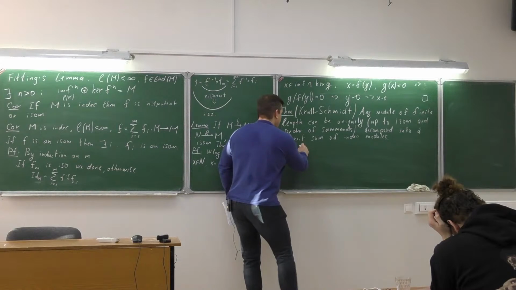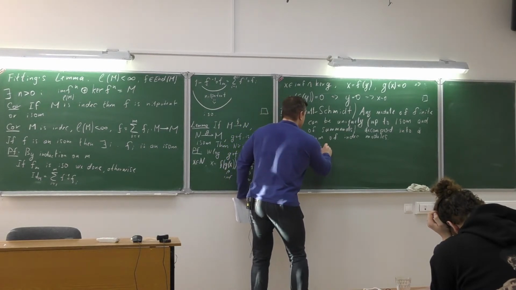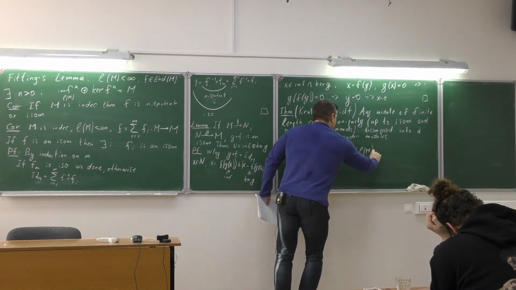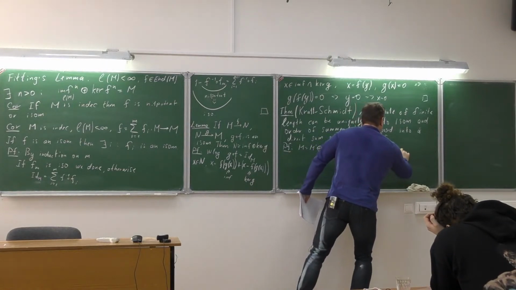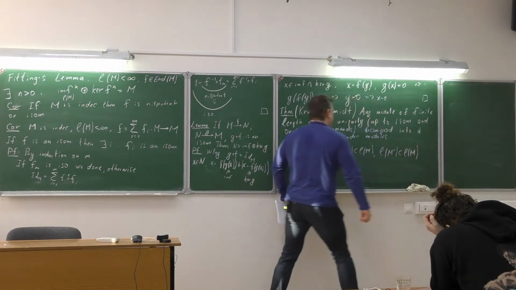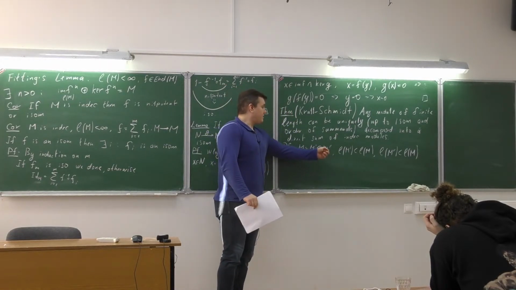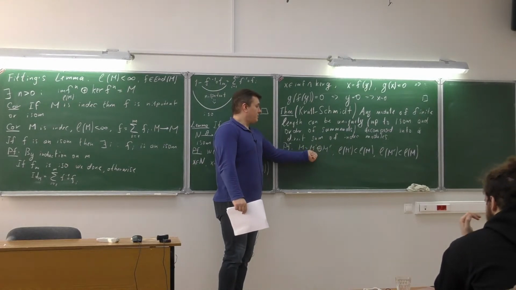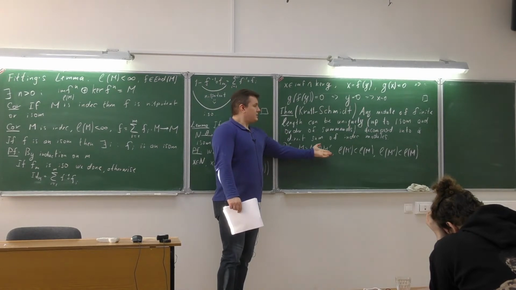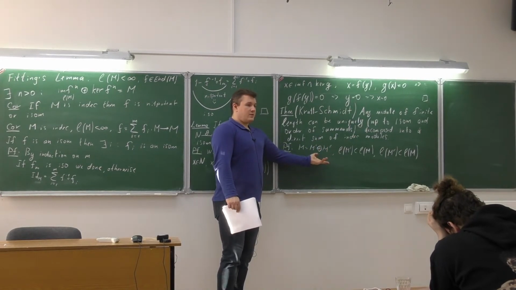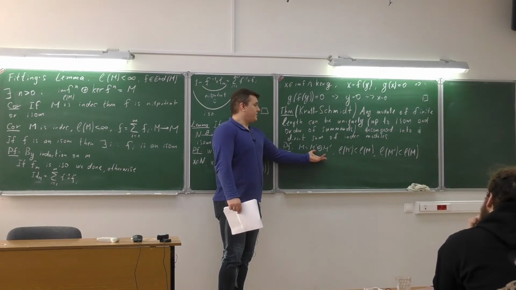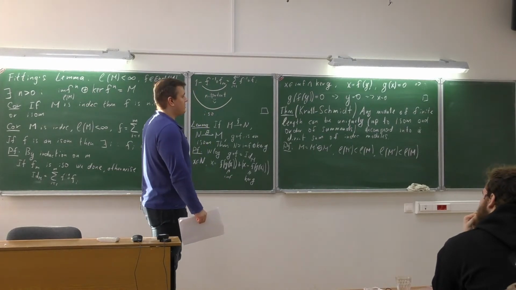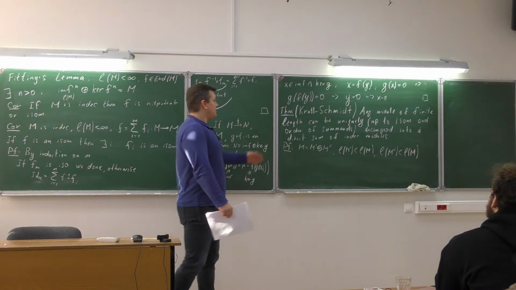So if you decompose your M into M prime plus M double prime, then the length of M prime is strictly smaller than the length of M, and the length of M double prime is strictly smaller than the length of M. Then, if M prime and M double prime are indecomposable, that's the end. If this is not the case, you decompose M prime, you decompose M double prime. And because the length is becoming smaller and smaller, and the length is finite, you have to finish this procedure after finitely many steps. The existence is more or less a trivial observation. What's interesting in this statement is the uniqueness part.